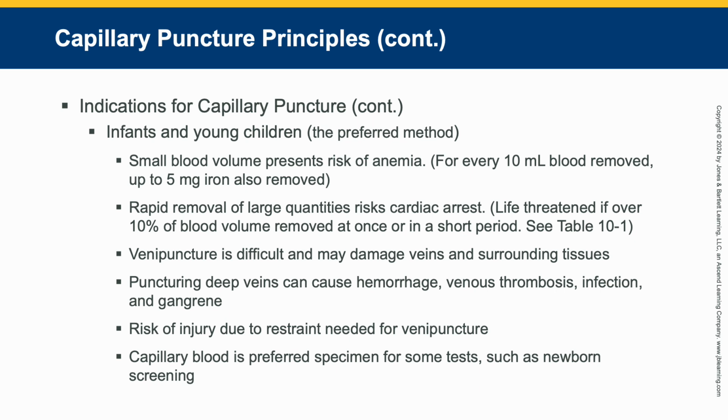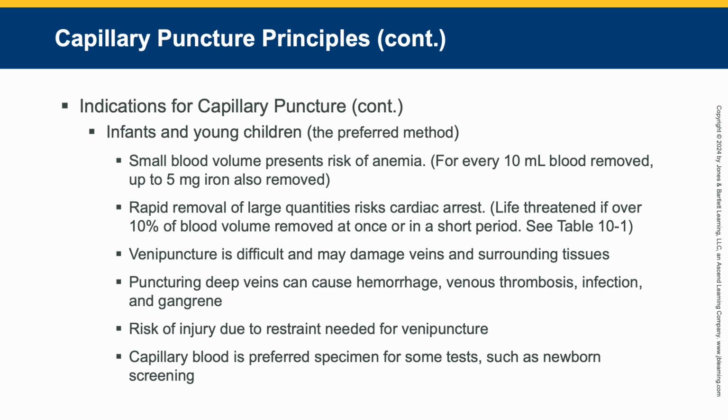An infant or child can be injured by the restraining method that is used on these babies to do the venipuncture if it's not done properly. Capillary blood is the preferred specimen for some tests, such as newborn screening.